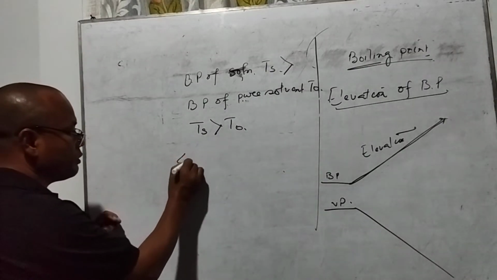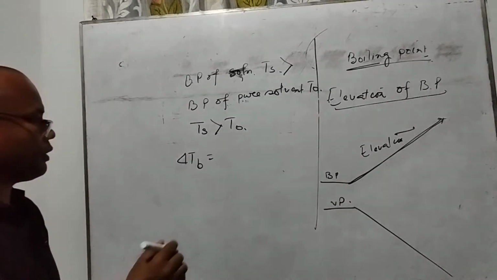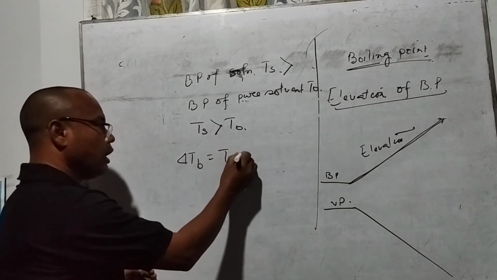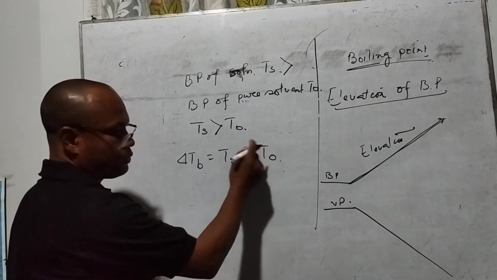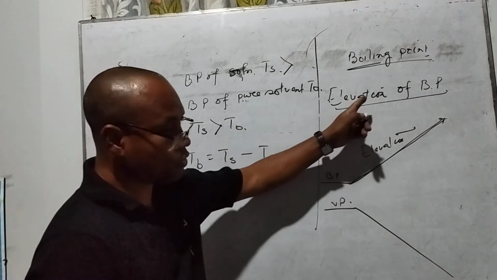What is the difference between these two? Delta Tb is the difference of the boiling point of the solution and the boiling point of the pure solvent. This difference between the two is what we call the elevation of the boiling point.